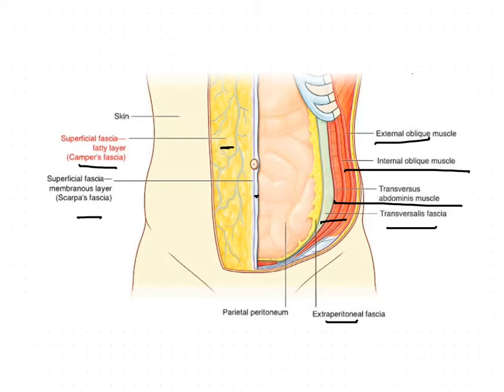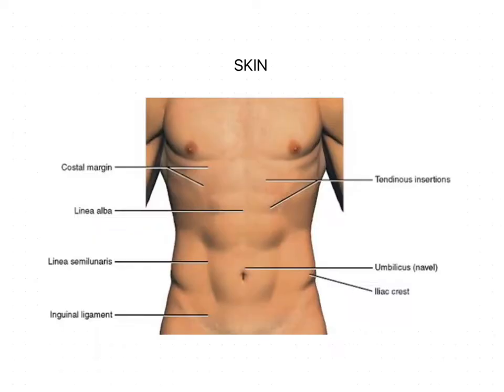Now the first layer of the abdominal wall is the skin, so we'll move on to the skin. The skin of the anterior abdominal wall is capable of undergoing enormous stretching.